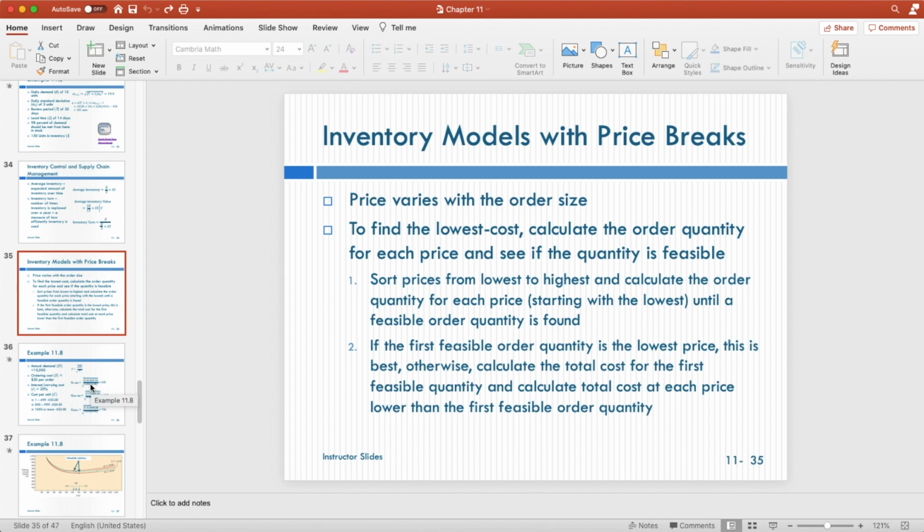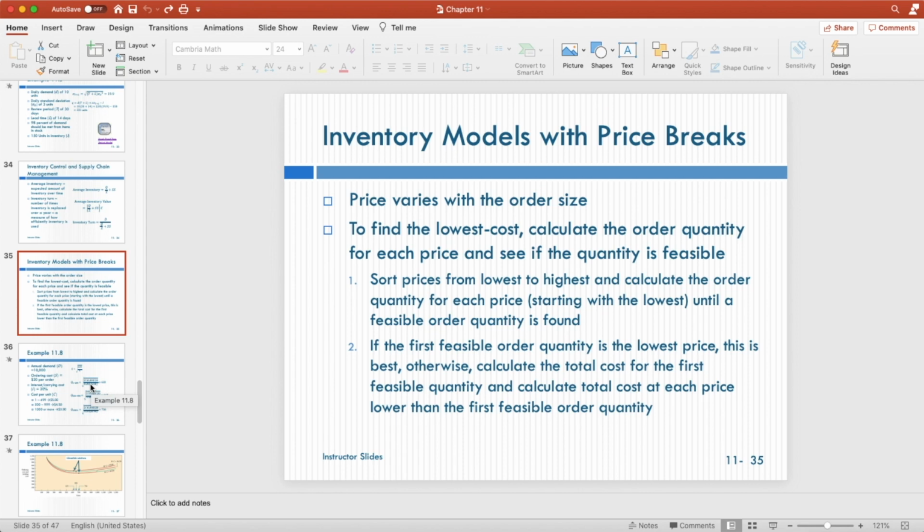As I said, I won't ask you mathematical questions related to price break models. But I do require every one of you to at least look at the price break models conceptually, the description within the textbook, and have at least a brief sense of what the price breaks model is conceptually.